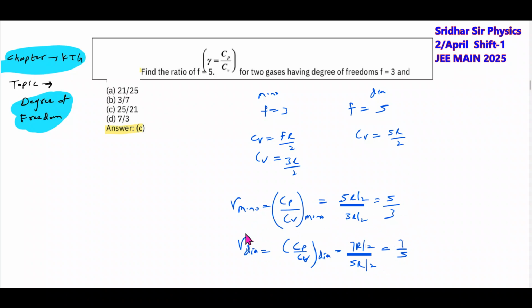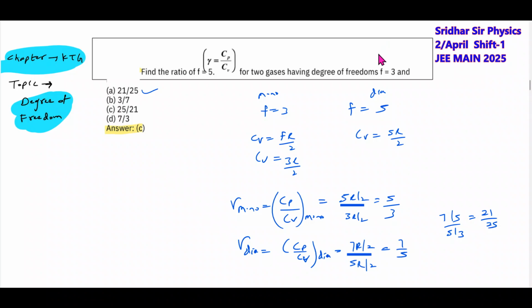So this is asking the ratio of these two. The ratio of monoatomic to diatomic will be 25 by 21. Diatomic to monoatomic will be 21 by 25.